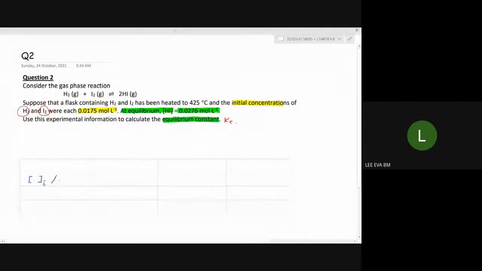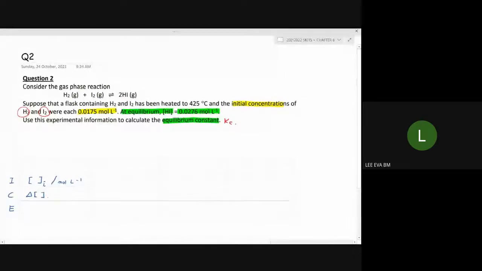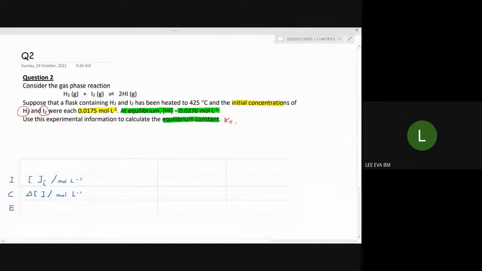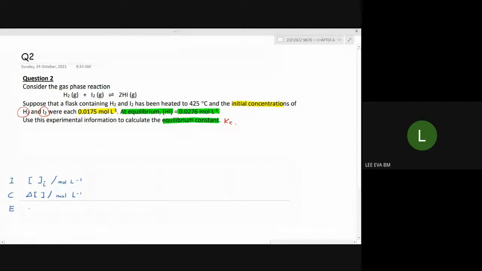So I have my unit mole per liter. And then I have the change in concentration. Remember ICE. The second column means change of concentration. Again, I'm using the unit mole per liter. Ikutlah soalan, kalau bagi capital letter M, I will tulis capital letter M. And then at equilibrium, concentration at equilibrium.